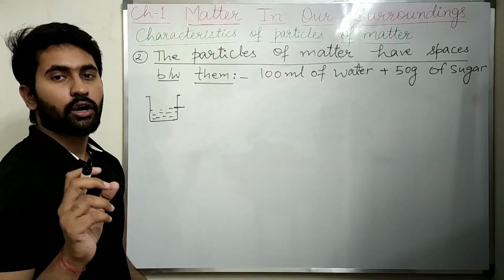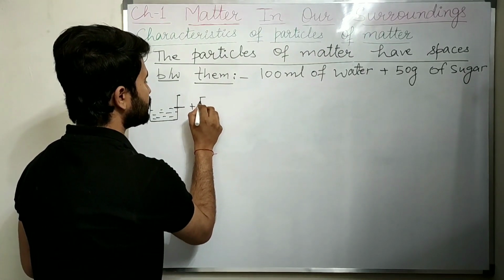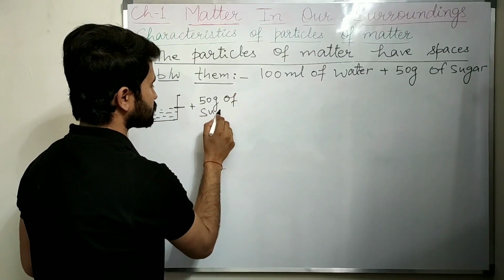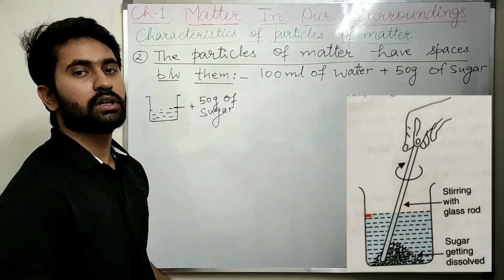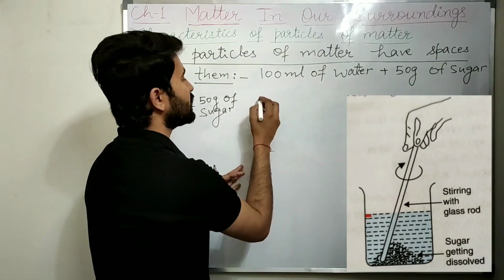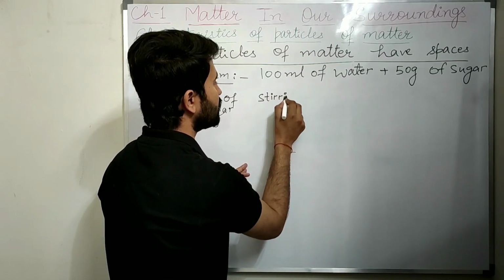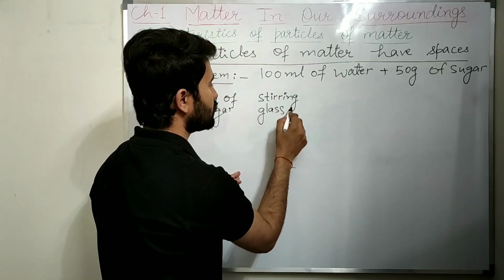Now we will dissolve 50 grams of sugar in it. We will add the sugar and dissolve it by stirring with a glass rod.